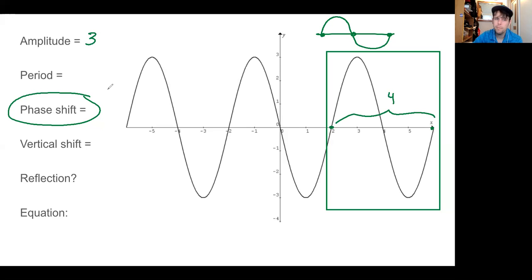Our period is 4. If it wasn't so easy, we could take the end minus the beginning, the end minus the start. So 6 minus 2 to give us our period. Same thing, 4. Again, that's going to be more appropriate when it's harder to just count. In this case, it was hopefully easy to see that our period was 4.